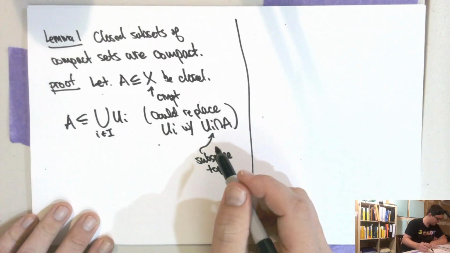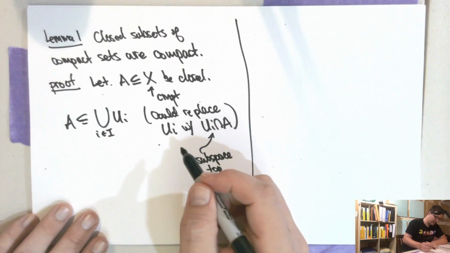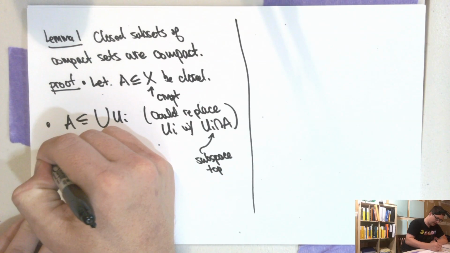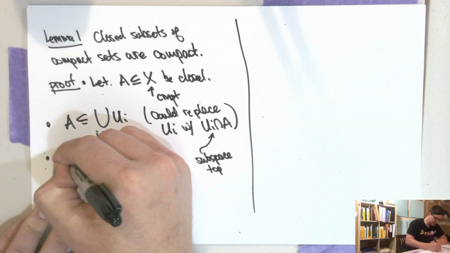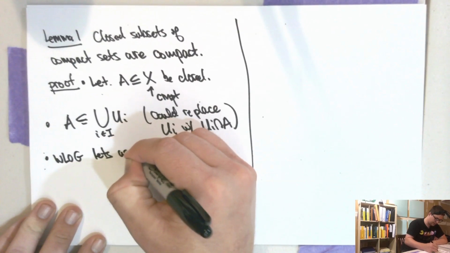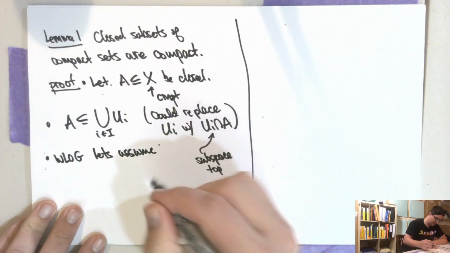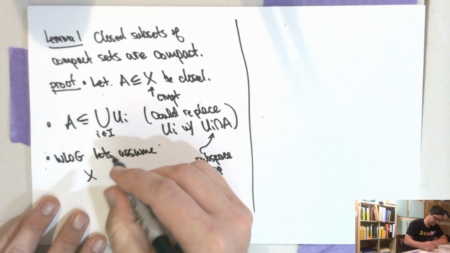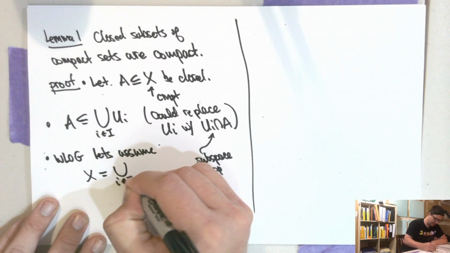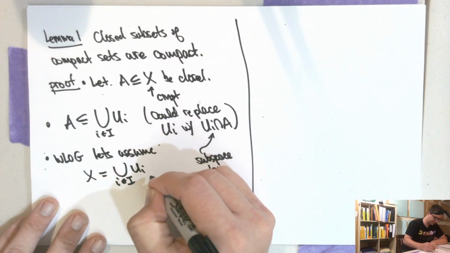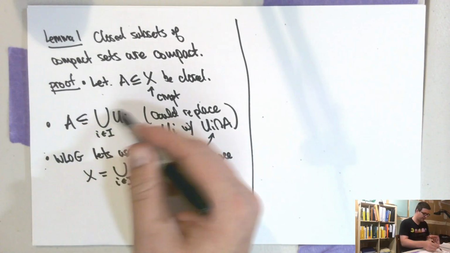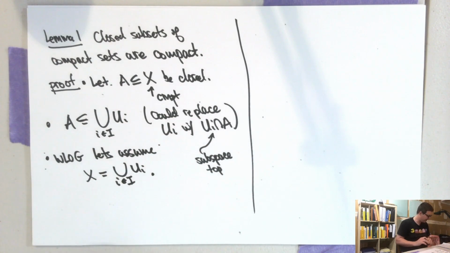Okay, and so we're going to take a cover, and so without loss of generality, let's assume that X is equal to the union over i in I of the U_i's. If not, we can just extend. We can make this thing a little bit bigger. Okay.